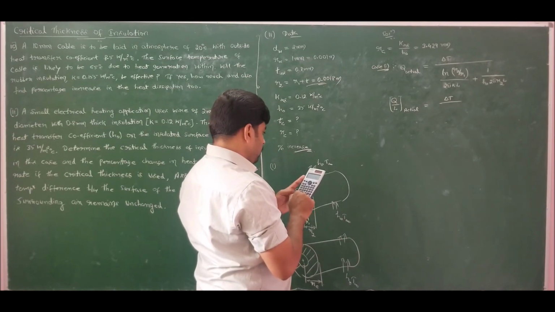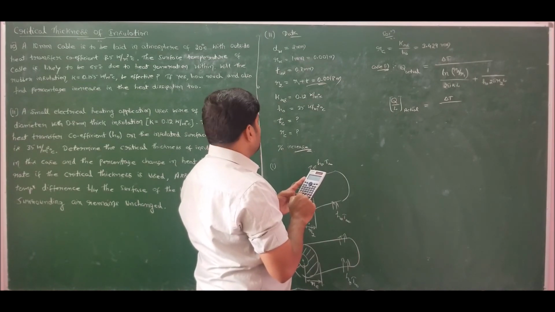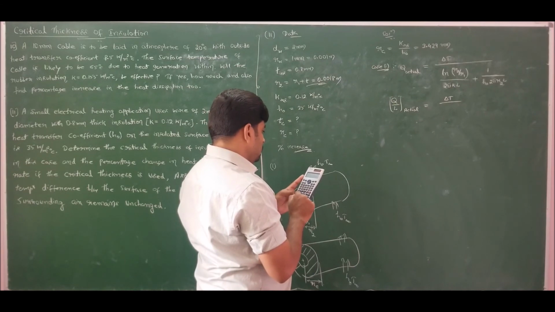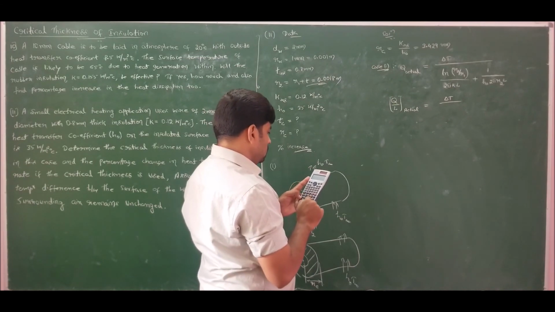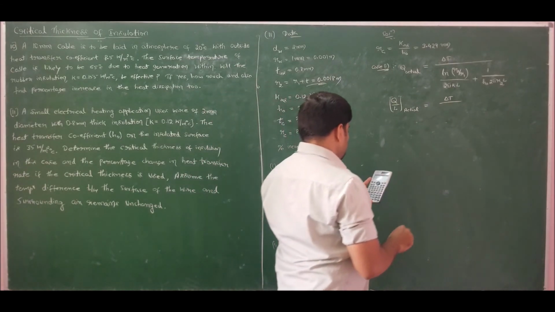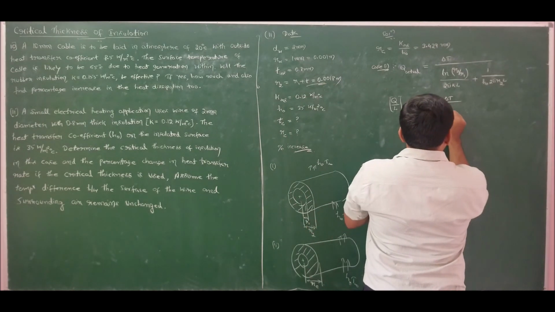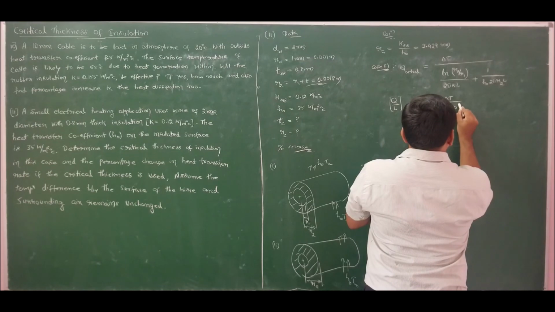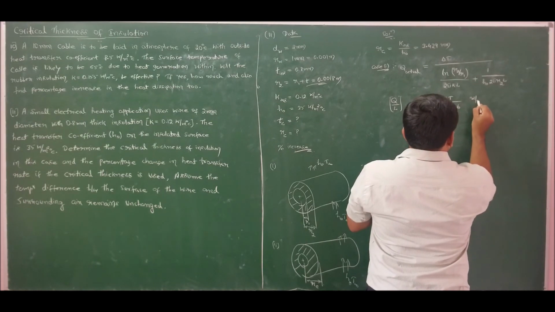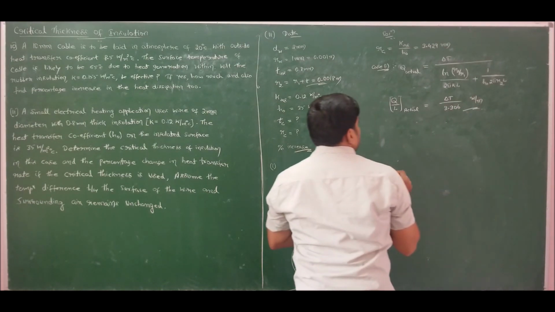H naught is 35 into R2 in meters, 0.0018 per meter length. If I solve, I will get delta T divided by 3.306 watt per meter length.